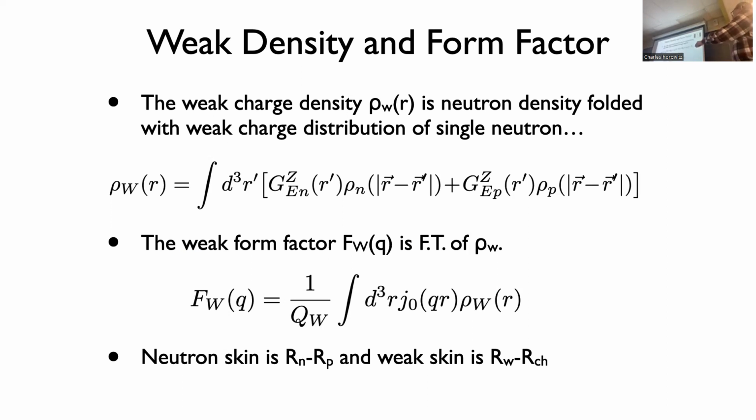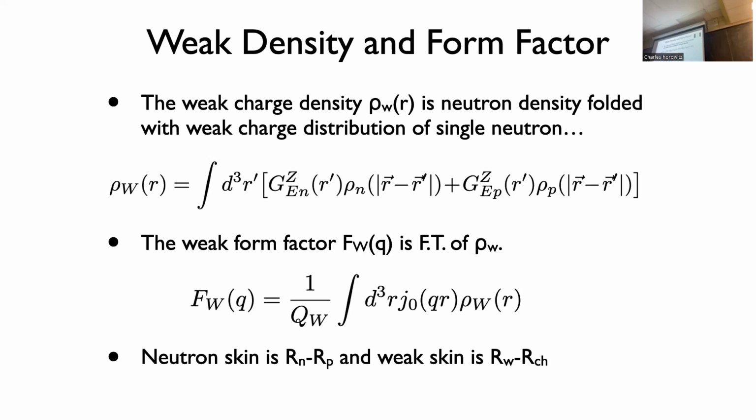And then the weak radius includes a little bit from the size of the single nucleon. And we'll talk about skins. So the neutron minus the proton, or almost equivalently, the weak radius minus the charge radius. So this is the observable, and these are the point neutron and point proton.